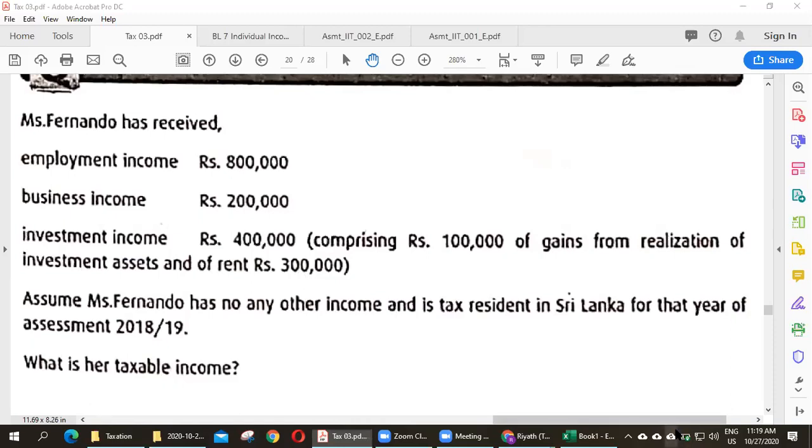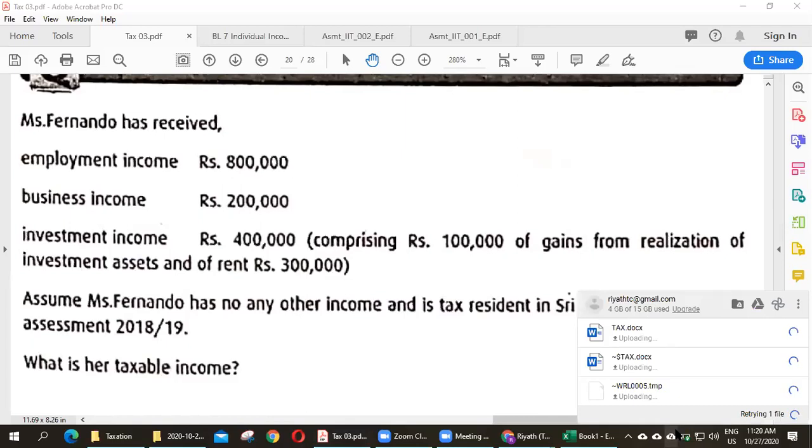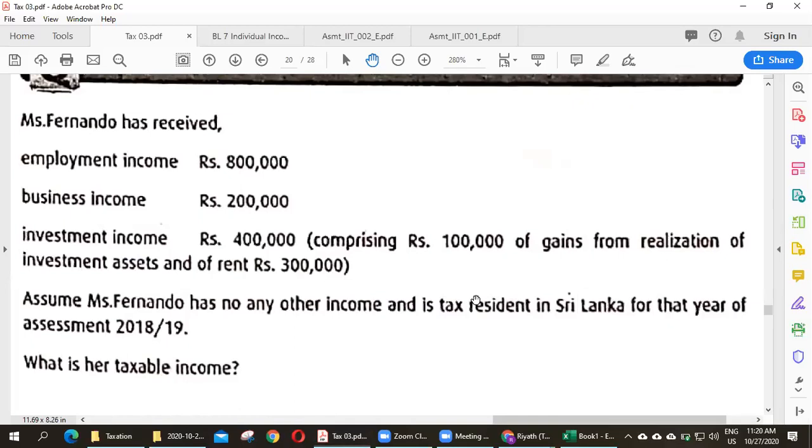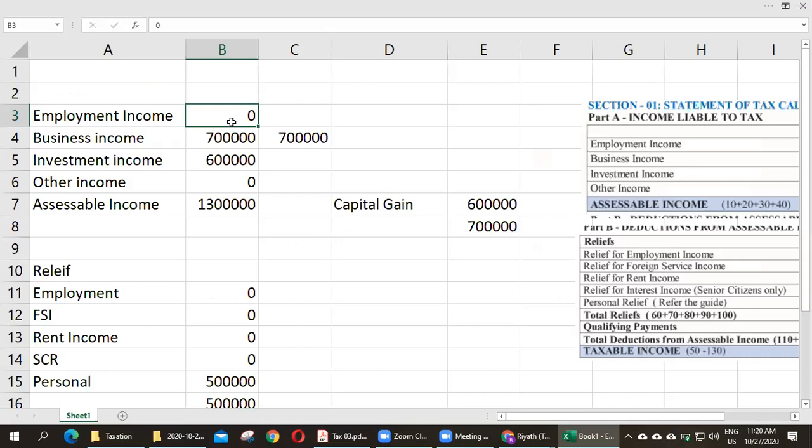Are you clear? Right. Shall we go for calculation? Okay. Employment income is equal 800,000. And how much business income?